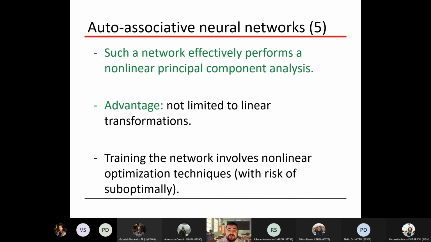So the advantage is that we're not limited to linear transformations. However, the training of such a network involves nonlinear optimization techniques, which means that we might not end up in the global optimum. This is a risk that comes with the advantage that you might get better representations for your data.